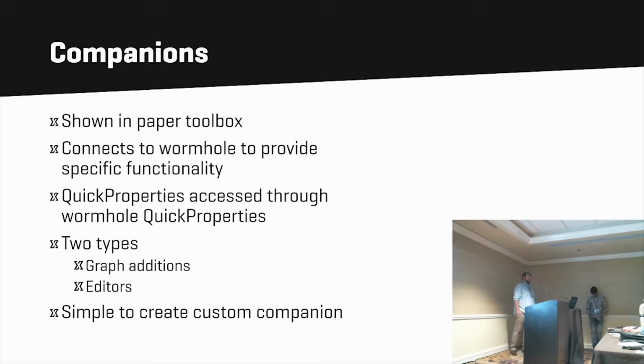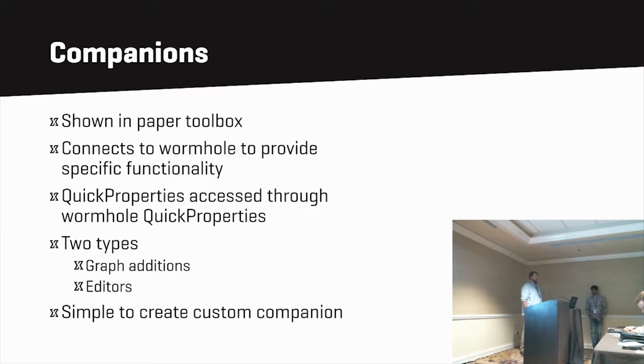There are 2 types of companions right now. The simpler one is the graph additions. They will add things you see on the wormhole, like a frame or scale. And we have editors, which will manipulate the content of the wormhole. Companions are made to be quite easy to create, especially the graph additions.